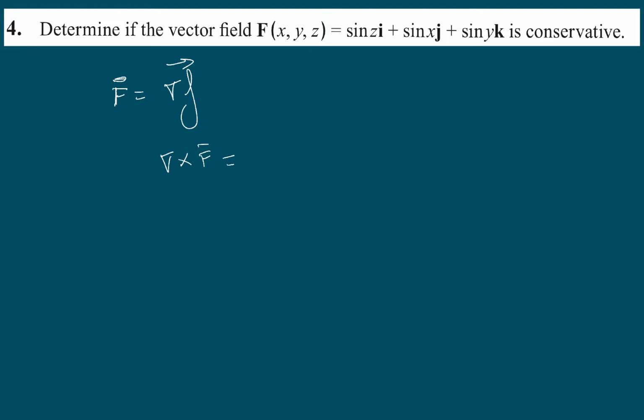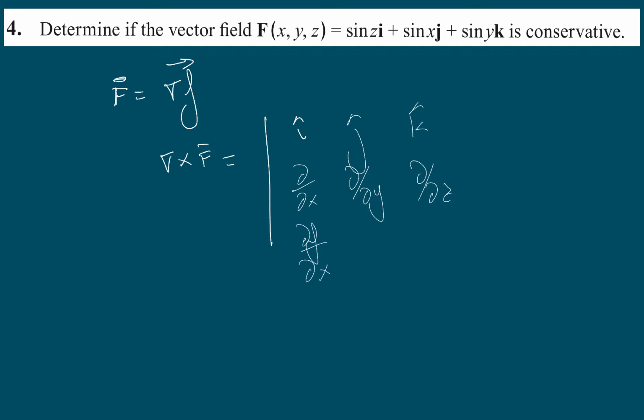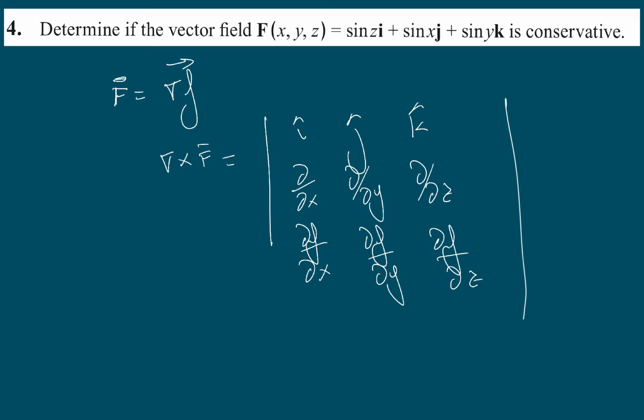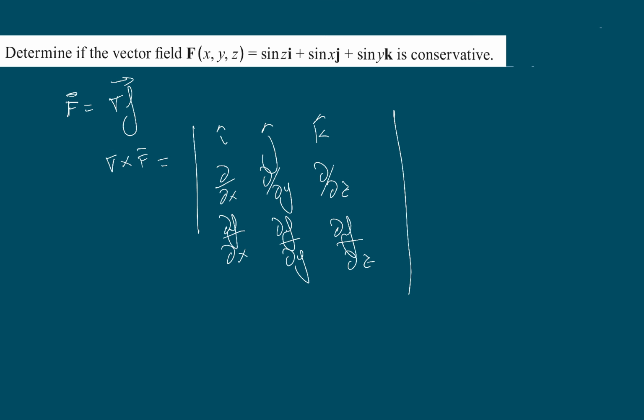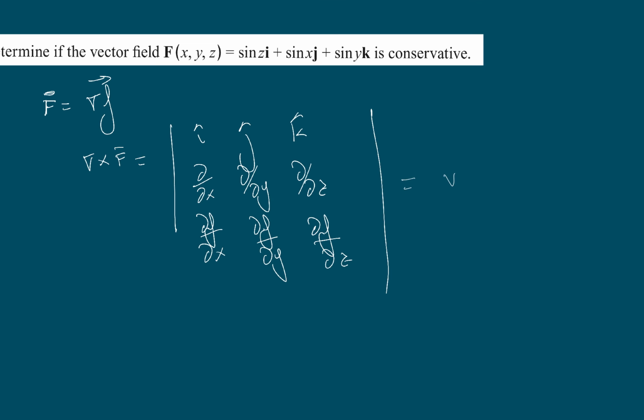Well, the curl of F will be the determinant with i, j, k, partial derivative with respect to x, partial derivative with respect to y, partial derivative with respect to z, and the gradient of f: the partial derivative of f with respect to x, with respect to y, and with respect to z. This is the curl of F, but F is the gradient of f.